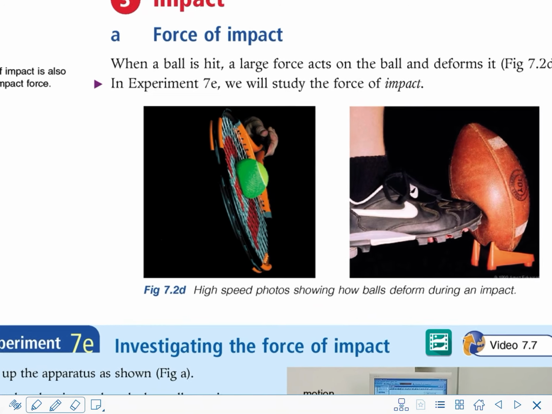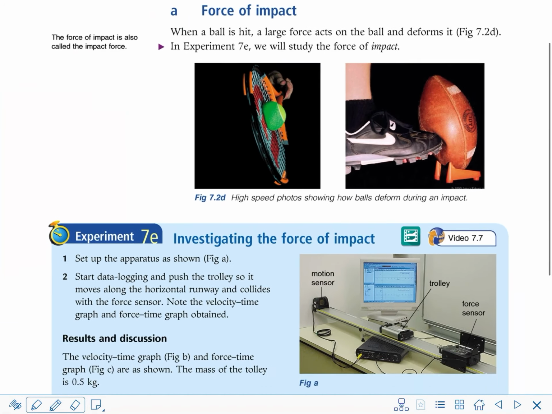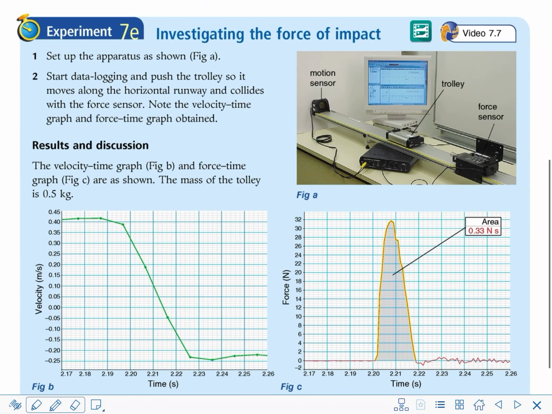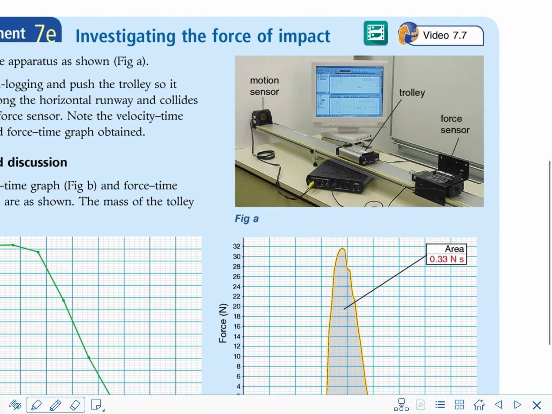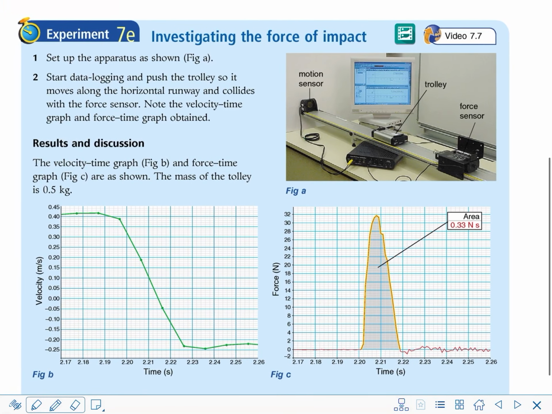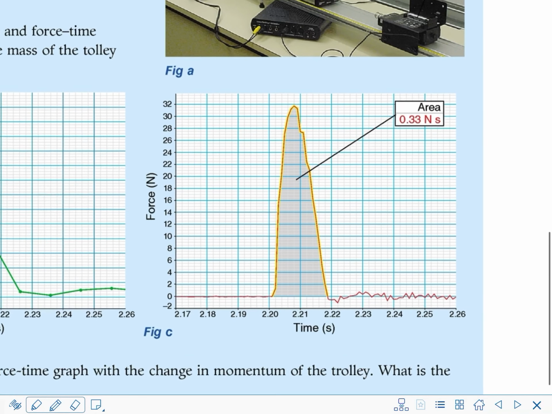Impact. Now this is quite important. Force of impact. We can use a motion sensor to find the velocity of the trolley, and we can also use a force sensor to measure the force acting on the trolley.